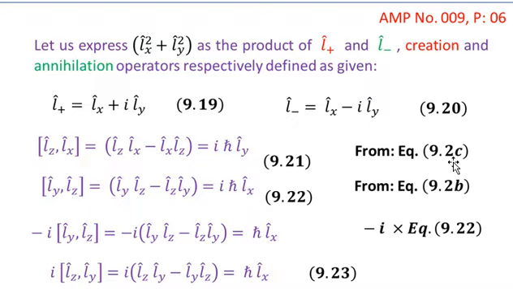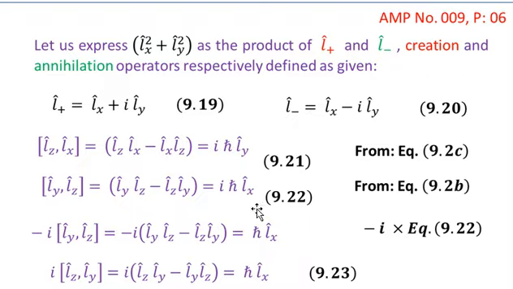This is obtained from equation 9.2c, and I am referring to it as equation number 9.21. The next commutator that I am using is the commutator of Ly and Lz. This commutator is obtained from equation number 9.2b, and its expanded form is Ly Lz − Lz Ly is equal to iħ Lx.